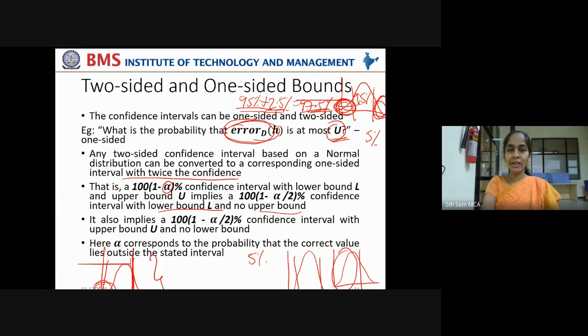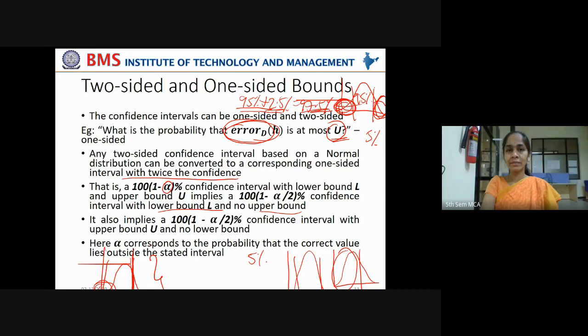So when I'm taking the alpha significance level as 5%, when a 95% confidence interval is being considered, did you understand how we are taking the level of significance? If the confidence interval is 95%, the level of significance is 5%. Alpha is 5%. If your confidence interval is 85%, what is the level of significance? Students, what would be alpha?